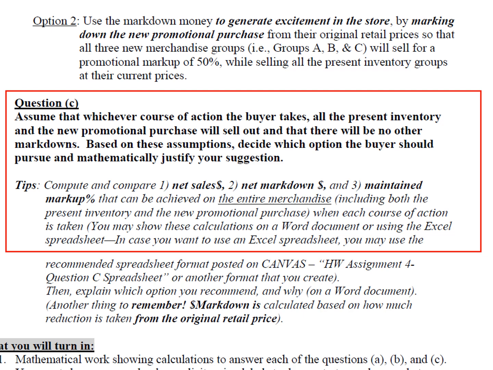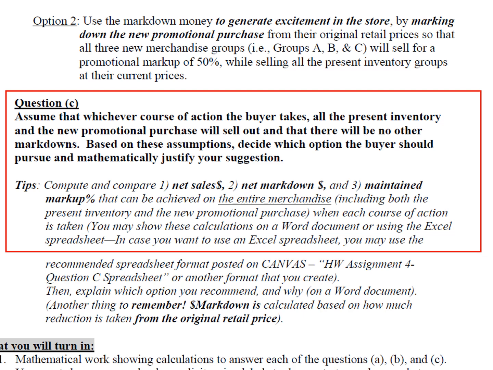Sell out means they're going to sell all of them, so all of the items are going to be sold, and nothing is going to be left unsold. If that assumption can be made, and there are no other markdowns in the department, so they're only going to mark down these knit tops, then based on these assumptions, decide which option the buyer should pursue.